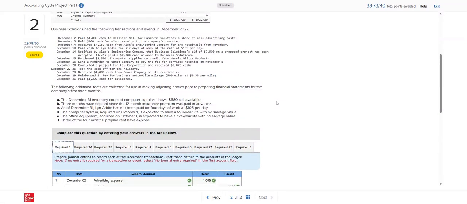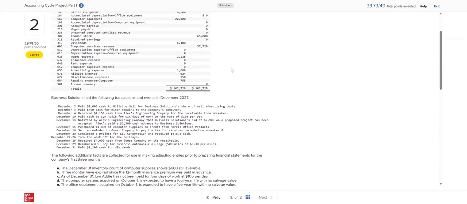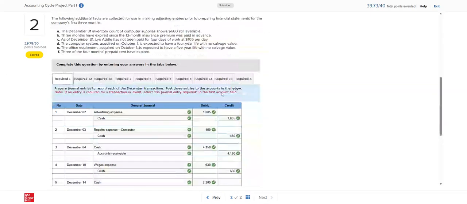In this step, I analyzed every transaction and recorded it in the journal entry using the double entry accounting system, which is that every transaction affects at least two accounts and total debits must always equal total credits. For example, when the company paid for advertising on December 2nd, advertising expense increased and cash decreased.